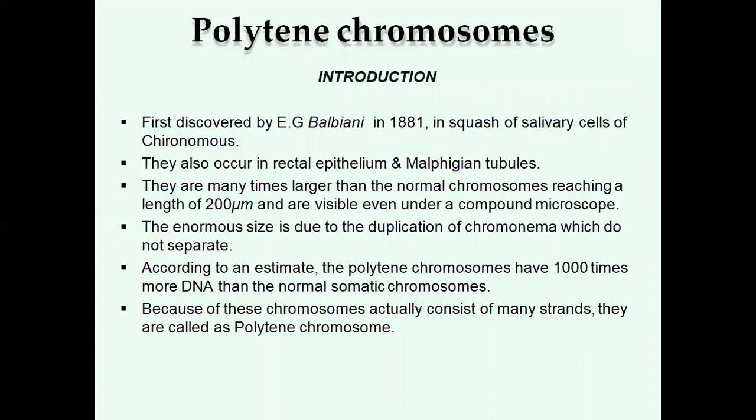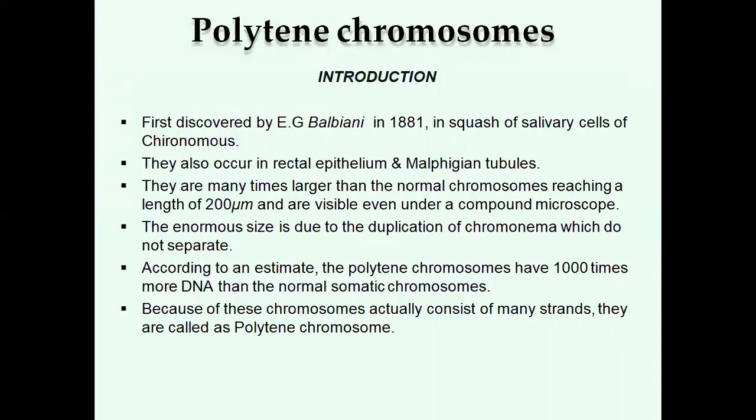According to an estimate, polytene chromosomes have 1,000 times more DNA than the normal somatic chromosome. For example, a chromosome contains two DNA molecules organized in two chromatids. But the DNA undergoes several cycles of replication, which is why it produces a number of DNA copies.